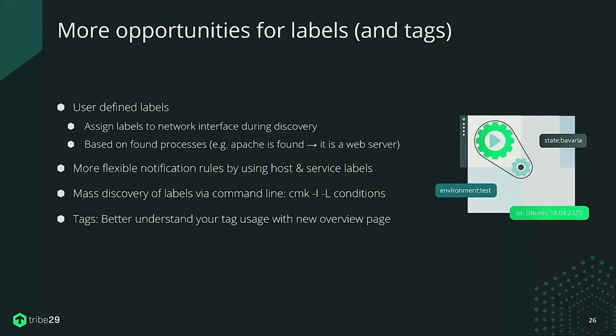Imagine you have a huge IT infrastructure with a large number of network interfaces. Then you may want to organize these network interfaces. And to help you, we added the ability to add discovered service labels to your discovered network interfaces.